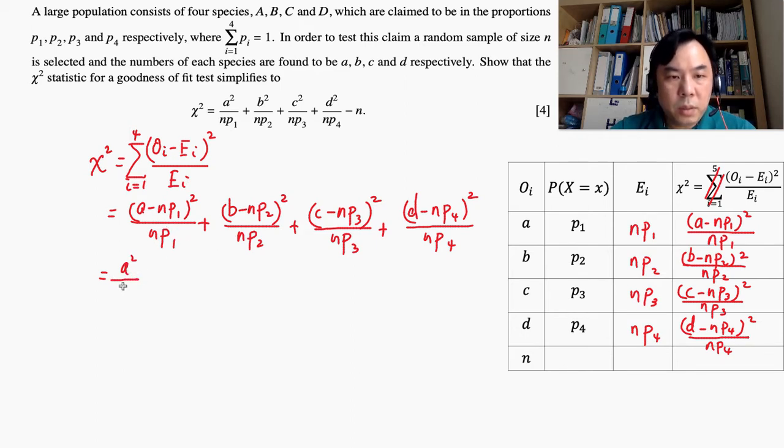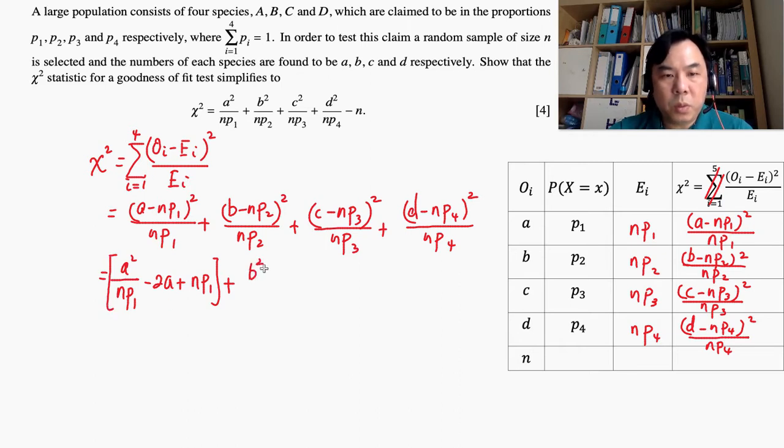Okay, so here you will see that I have NP1 here, and then I will have a negative 2a here, and then plus NP1, right? That is my first one, and then my second one will be here. Try to put a bracket. That will be b square over NP2. Okay, you can see that. That will be 2b.